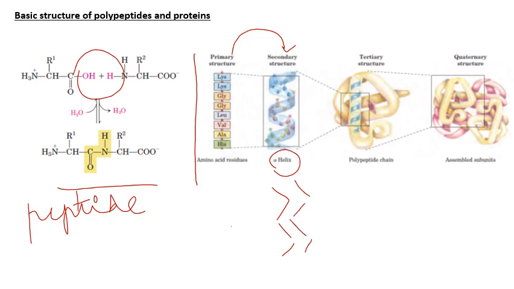These different secondary structures could interact with one another. That is, you could have a beta sheet that's usually denoted like an arrow, followed by a helix, followed by a random loop, and then again followed by a beta sheet to form what's called a tertiary structure.